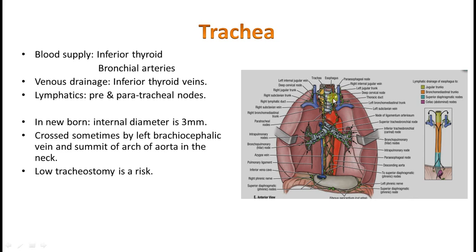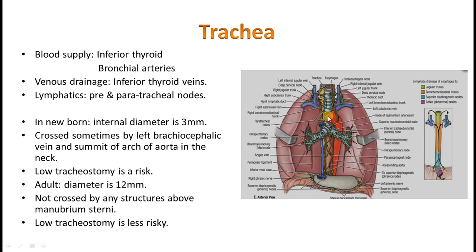But in children it is very risky to do low tracheostomy because the trachea is slightly at a higher level and still it has not come to its original position. Okay. In adults it is okay because only at the T4 level you see the arch of aorta and bifurcation of the trachea, and the internal diameter is actually 12 millimeters, which is 3 times more than the newborn.